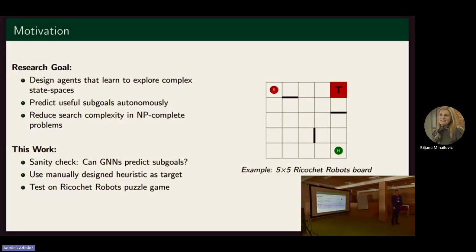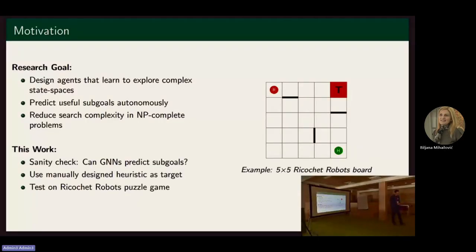Our broader goal is to design agents that can explore complex state spaces by predicting interesting or useful subgoals. This can be important for NP-complete problems, where exhaustive search through that space is not really possible.